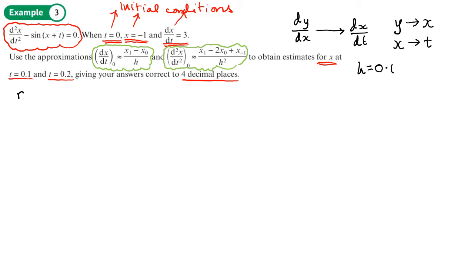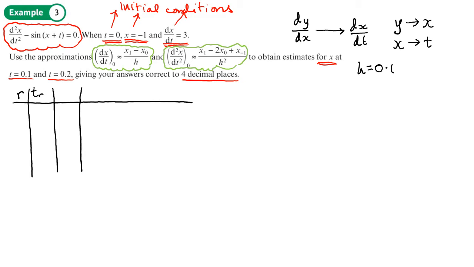Right, so just like before, we're going to use the table. The first table row is going to be r, then we're going to have tr, so t0, t1, t2, t3, then xr, then dx dt r, and the second derivative r.